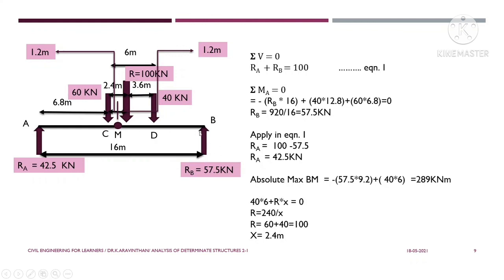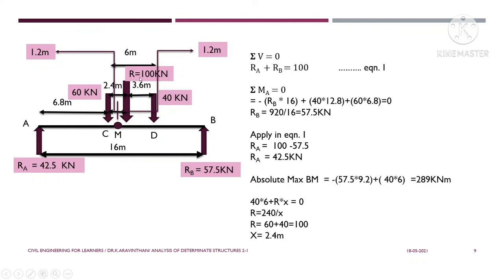Up to the midpoint is 8 meter, and this is 1.2, that is 9.2. So the total distance is 9.2 meter, and RB is 57.5 into 9.2. This will be anti-clockwise. And also 40 into 6 meter distance, which will be clockwise.